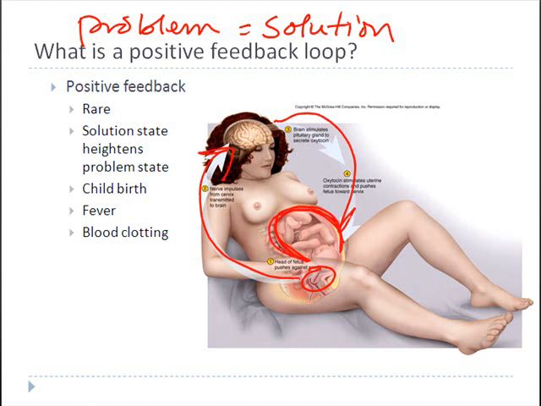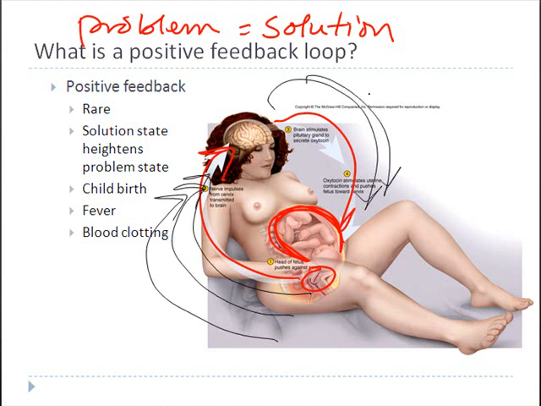Well, that squeezes more on the baby and causes the baby's head to push even harder on the cervix, which means we get even more signals being sent to the brain that there is pressure on the cervix, which means we get even more oxytocin being sent to the uterus, causing even greater contractions of the uterus and more pressure of the baby's head on the cervix.